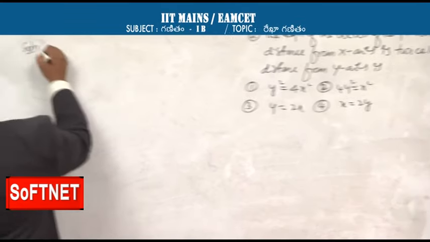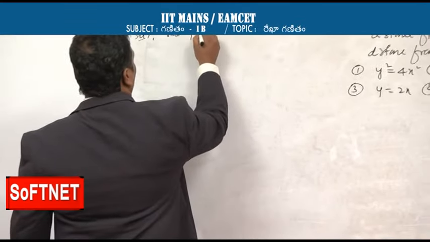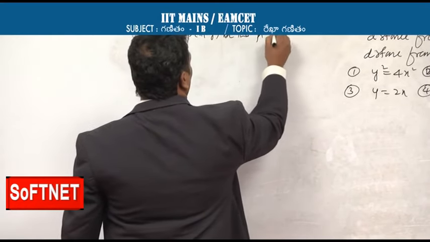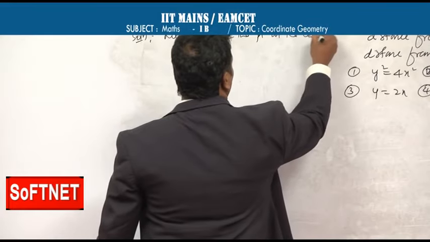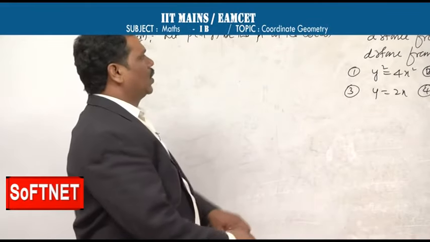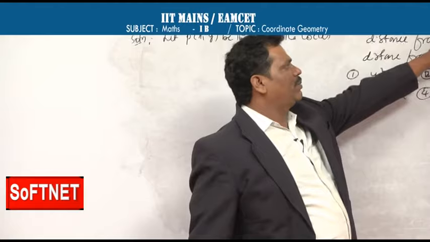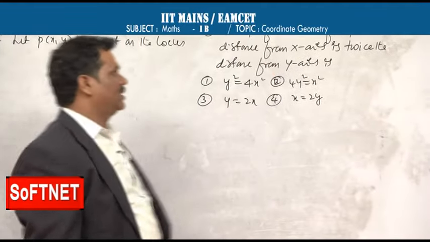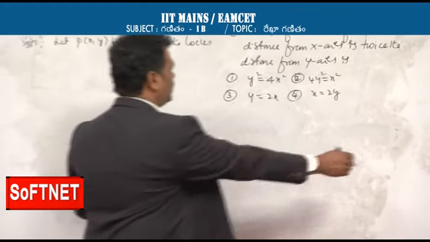Solution: let P(x, y) be the point on the locus. The equation of the locus of the point P whose distances from the x axis.